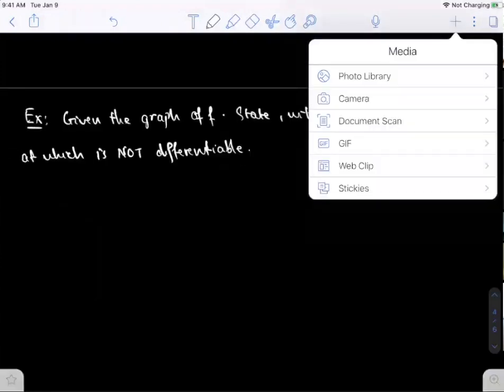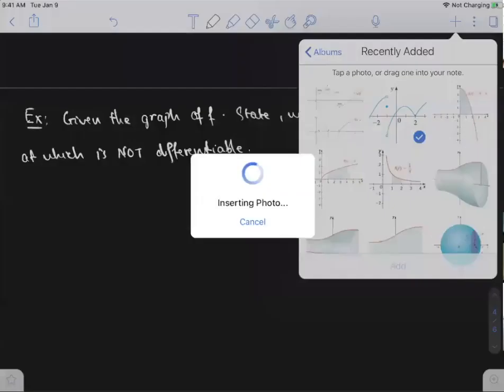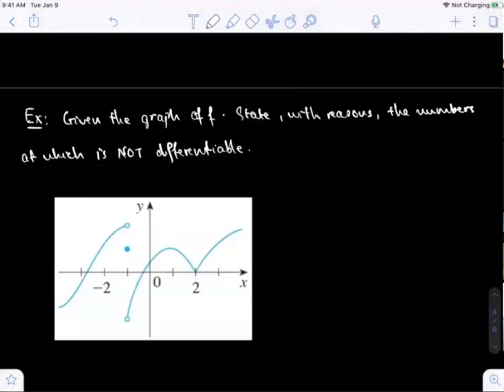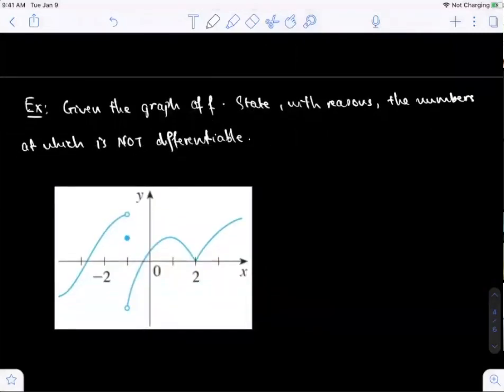So let's take a look at this graph. There are three cases when the function is not differentiable: if there's a corner or kink, if there's any discontinuity, or if you have a vertical tangent line.